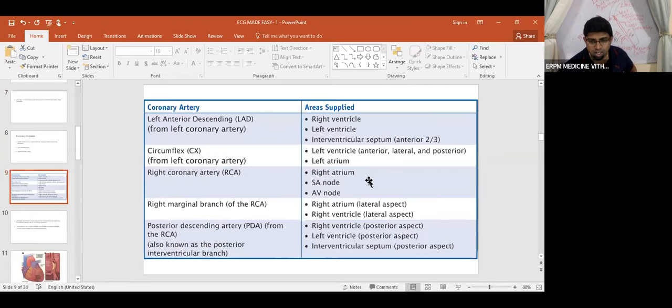It's an MCQ point in first year, and it's an MCQ point in the ERPM. In the paper before last, the same statement was there: anterior 2/3 of the septum is supplied by the left anterior descending.